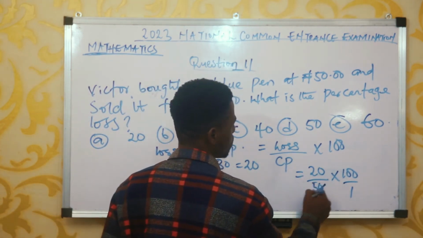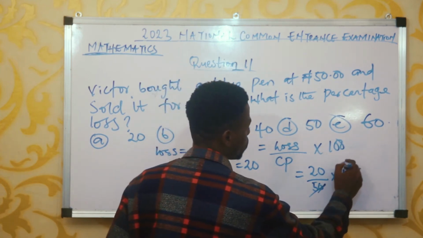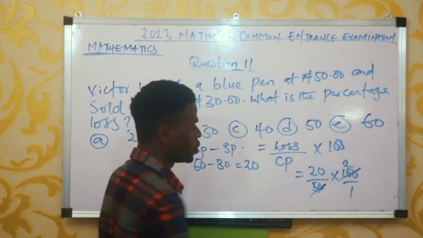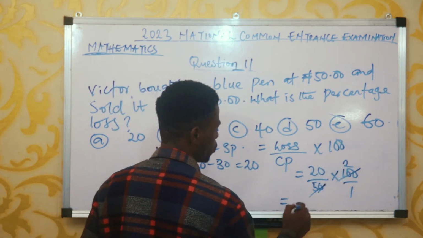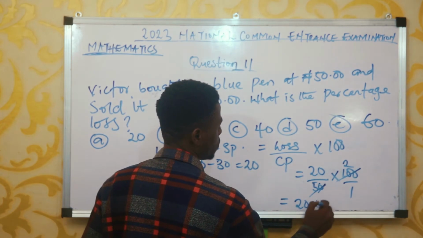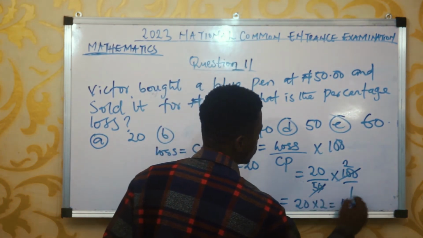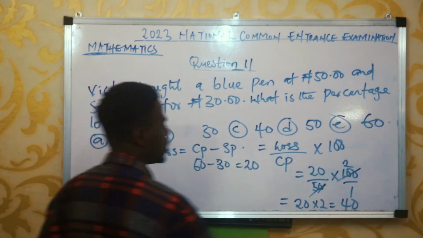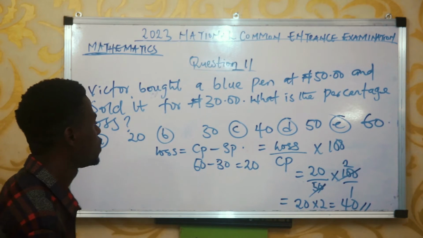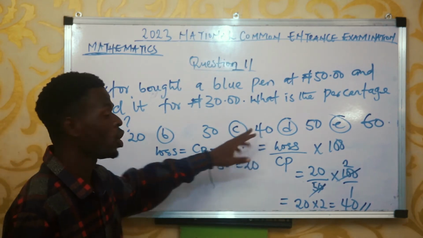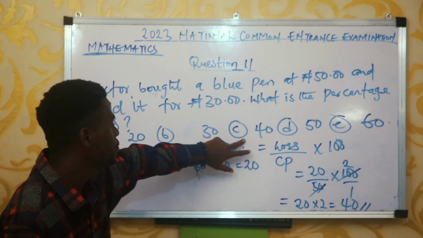So 50 in 100 is 2. Okay, so we now say that 20 times 2 will give us 40. So the percentage here is 40%. So our answer is 40. So the option there is option C. Thank you very much.